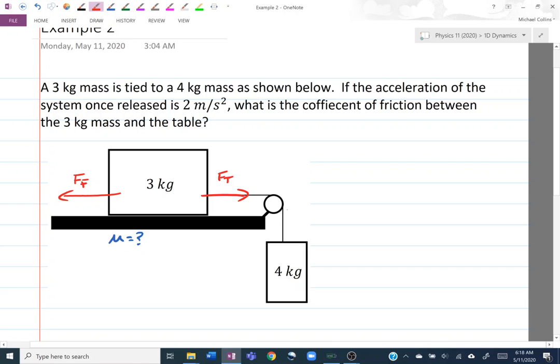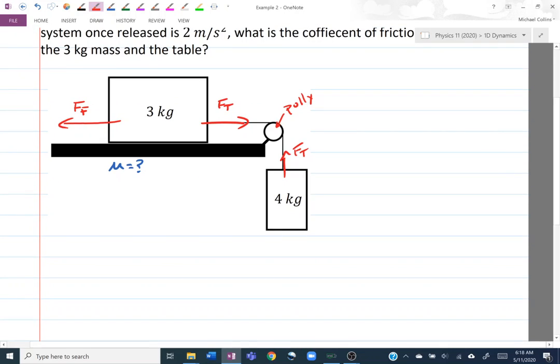That same force of tension as it travels over the pulley is going to be slowing down my 4 kilogram mass that's suspended over the corner, and of course there will be a force due to gravity pulling down on that. Of course I have forgotten to add my force due to gravity on my 3 kilogram mass and my normal force there. And that would be a fairly complete free body diagram.